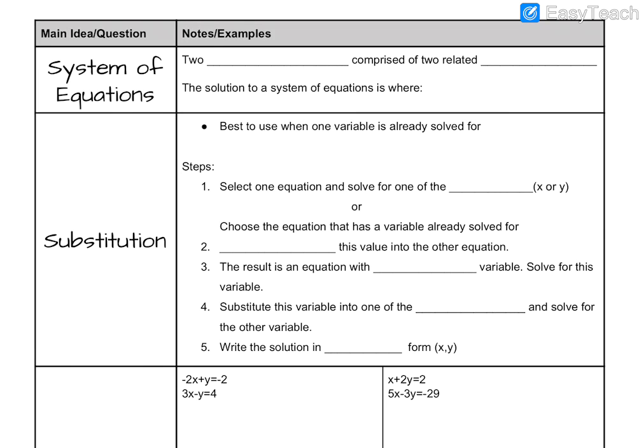Hello class, today we're going to be talking about solving systems of equations using algebra. So remember, a system of equations is two linear equations comprised of two related variables.